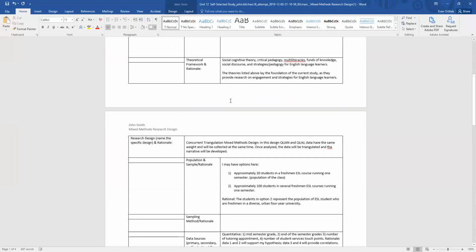If we go to the theoretical framework section, this is where we're looking for one or maybe two theoretical frameworks that underpin the study, that serve as the lens from which to view and analyze data. Here, John says social cognitive theory, critical pedagogy, multiliteracies, et cetera, all of these apply to his study.